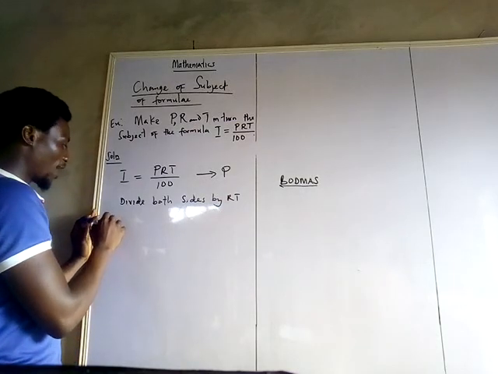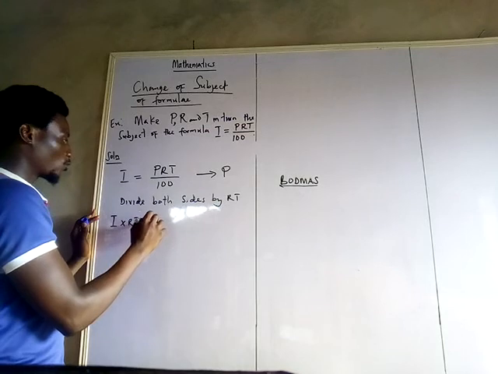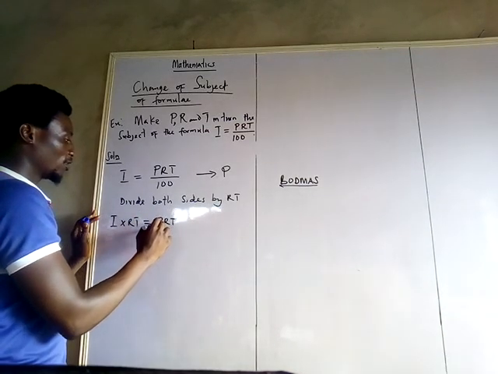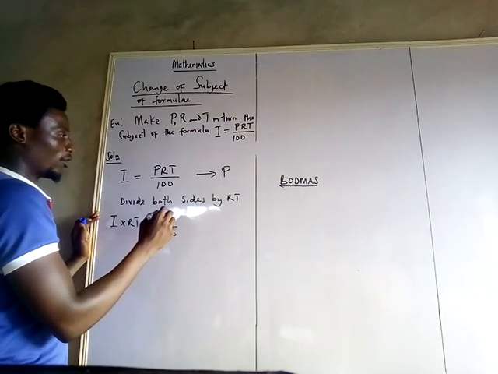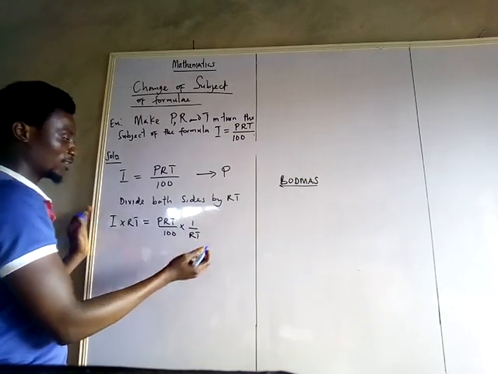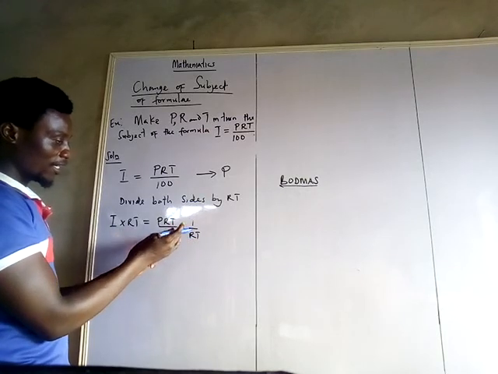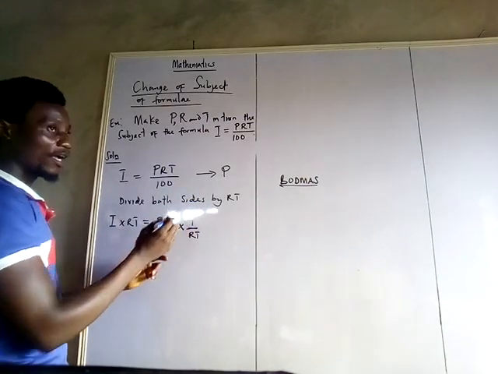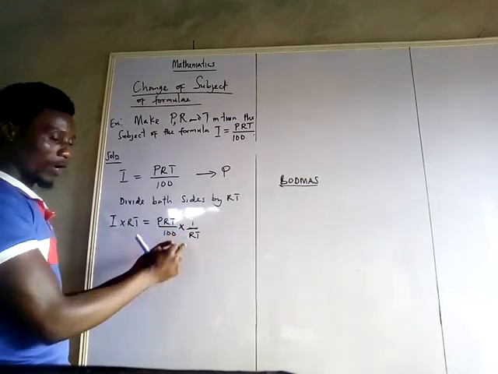So we have I times RT equals PRT divided by 100 times 1 over RT. This is a division. For me to say divide by RT, I can either introduce multiply by 1 over RT.